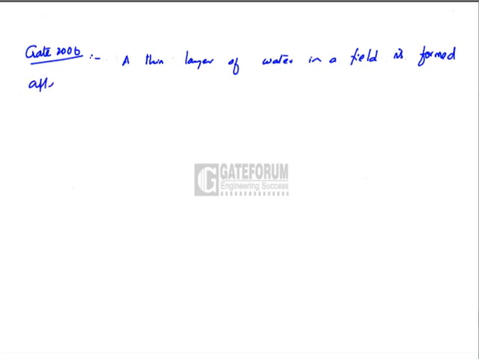Now I shall do a problem given in GATE 2006. The problem is given like this. A thin layer of water in a field is formed after a farmer has watered it.